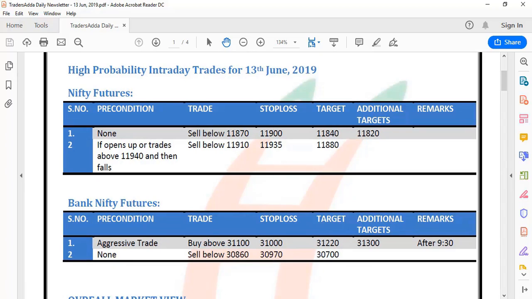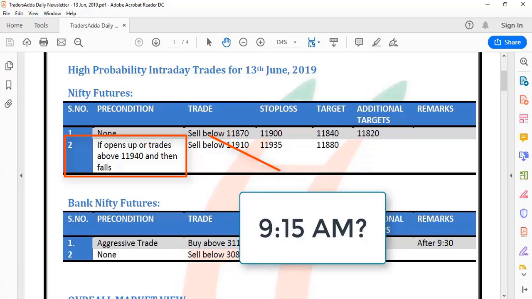Whereas if you look at trade number 2, you can see that there is a precondition which says that if it opens up or trades above 11,940 and then falls. This means that this trade should be taken only and only if Nifty futures opens above 11,940 or it trades above 11,940 anytime during the day.